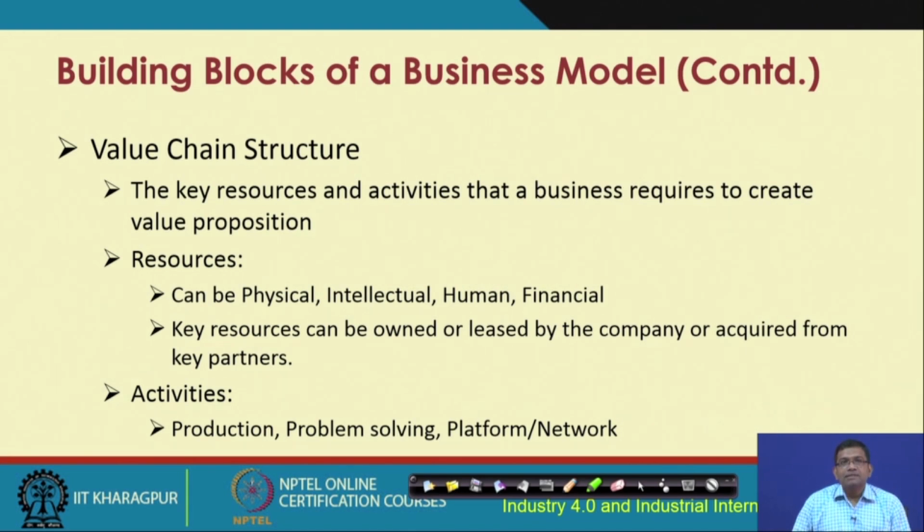These resources could be physical resources, intellectual resources, human resources, financial resources, and so on. And these key resources can be owned or leased by the company, or even acquired from different business partners. These are very important in the value chain structure.